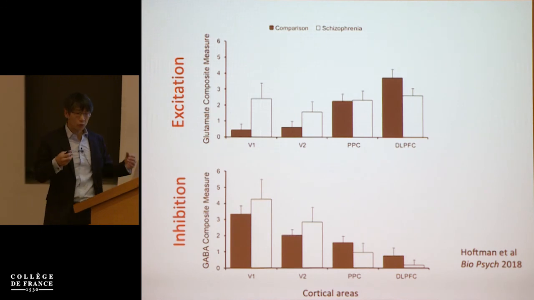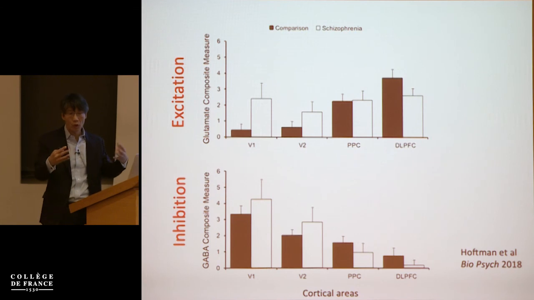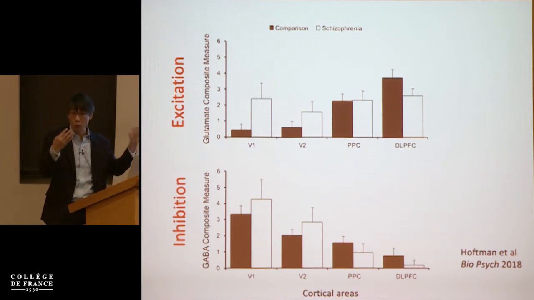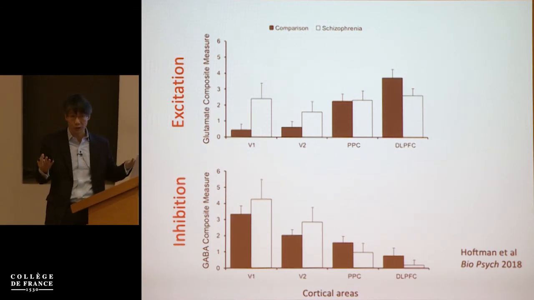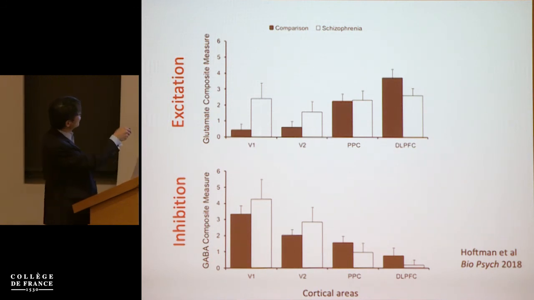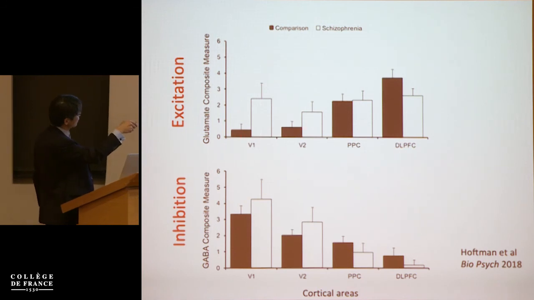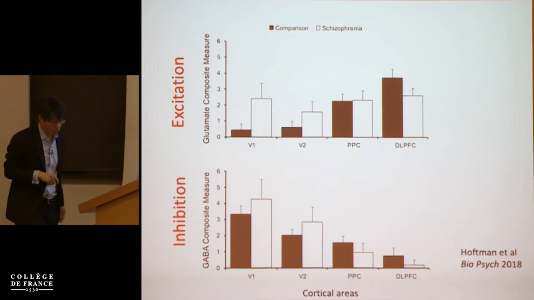What they did is to look at the gene expression of multiple molecules important for excitation, and they came up with a composite measure of excitation. So you get one number for each of the 4 areas in the black bar. And you see this hierarchy, or not hierarchy, but macroscopic gradient. Low in V1, higher in V2, and much higher in posterior parietal cortex and prefrontal cortex, excuse me.